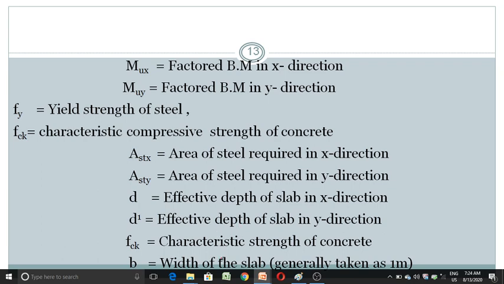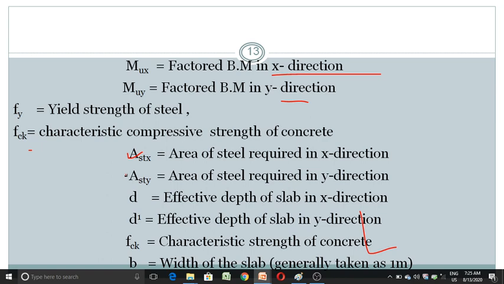Then, as you know, MUX and the other terms used in this step-by-step design procedure: MUX is the factored bending moment along the X direction, MUY is the factored bending moment along the Y direction, Fy is the yield strength of the steel, FCK is the characteristic compressive strength of concrete, and ASTX is the area of steel in the middle strip region along the X direction.